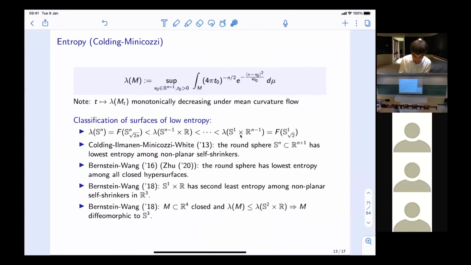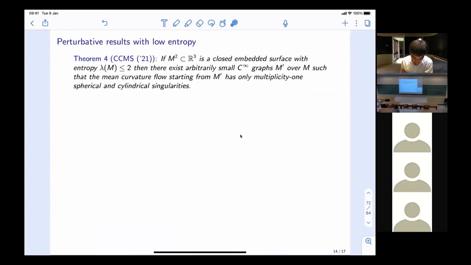And now you can ask yourself a similar thing in R4. What Bernstein and Wang proved is that if you're below S2 cross R, the first lowest one after the sphere in R4, then you're already diffeomorphic to S3. But what was still open is whether you're possibly isotopic to R3, this would be the Schoenflies conjecture, at least under low entropy. Okay.